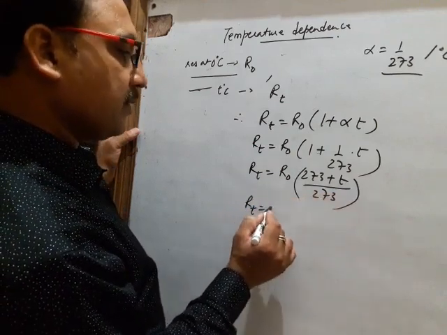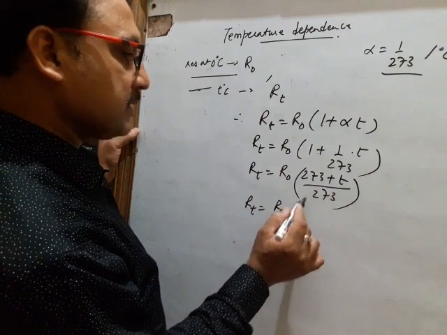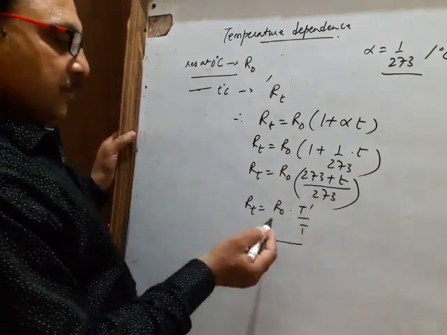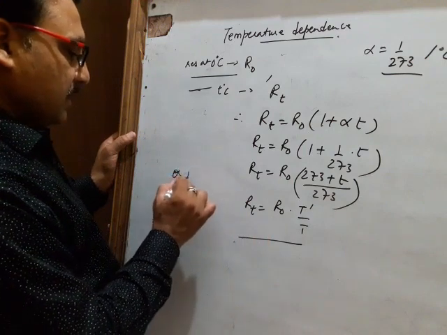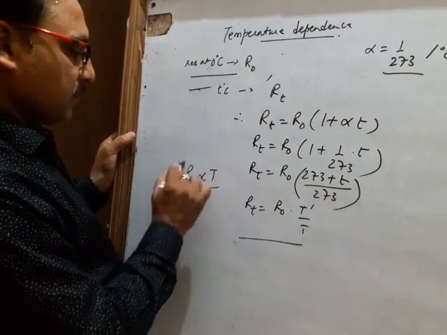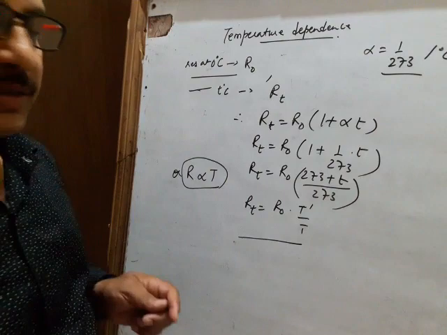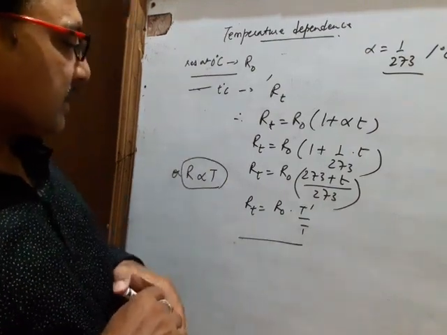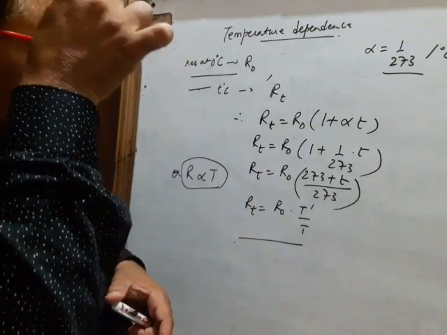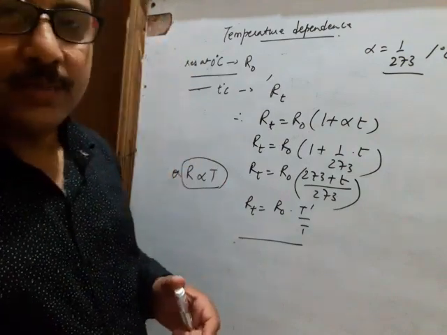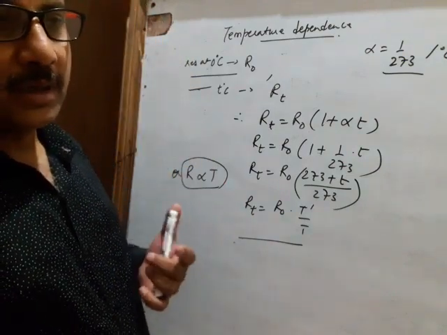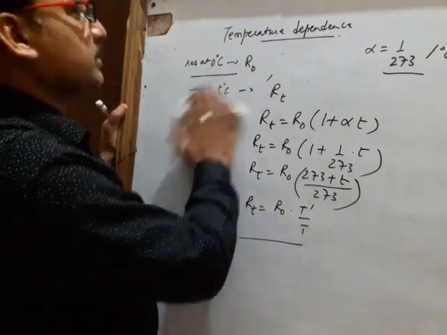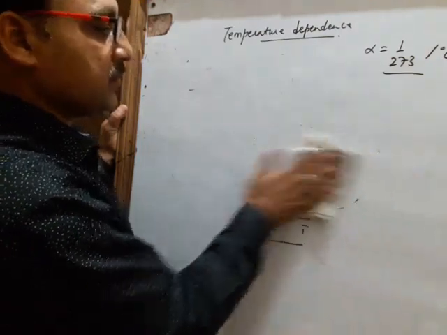That means RT equal to R0 into T dash upon T, or you can say resistance is directly proportional to temperature. So this result tells us the resistance of a conductor increases with the increase in temperature. This is for conductors. I hope you have understood this one.